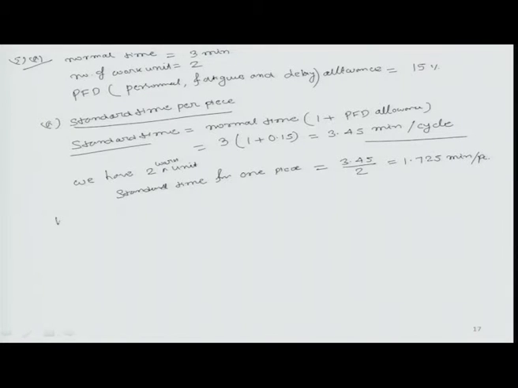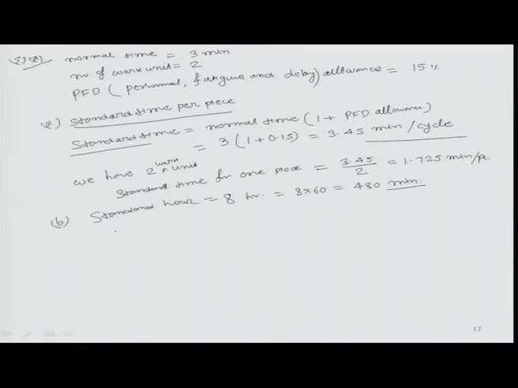Okay. In the next part, the question is saying, how many work units are produced in an 8-hour shift at standard performance. Okay. Again the standard time is given, the standard hour is 8. If you convert it into minutes, then 8 into 60 will be equal to 480 minutes. That is the ideal time allotted to each worker in a day to work in a workshop.